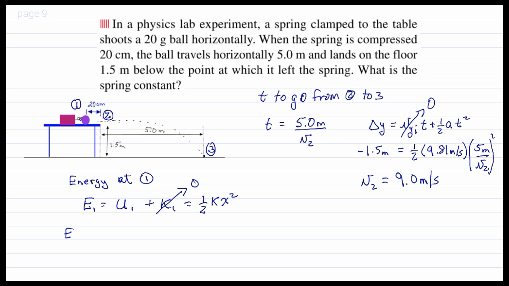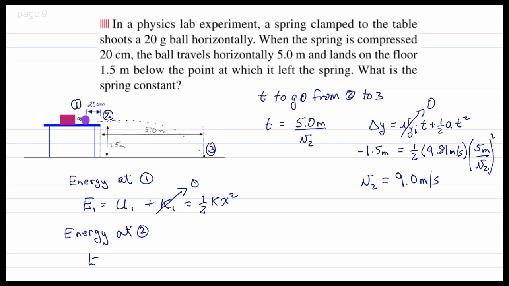Now we need the energy at position 2. At this position it's all kinetic. This ball hasn't started to fall yet. It's at the edge of the table, so it doesn't fall. It hasn't fallen yet, and the spring is back to its equilibrium position.